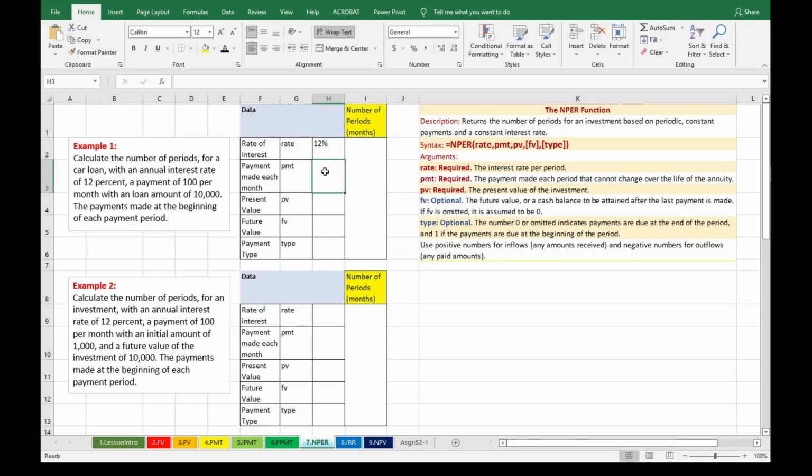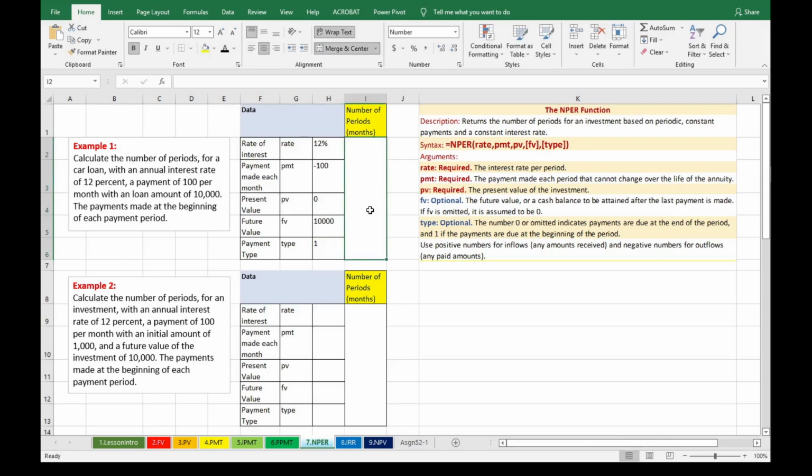Then we have payment made is 100, but because it's a payment, it's a cash outflow, we'll say minus 100. Then the present value is 0. Then future value, it's a loan of 10,000, so we'll put 10,000 here. And then the type, that is beginning of each period, so it will be 1.